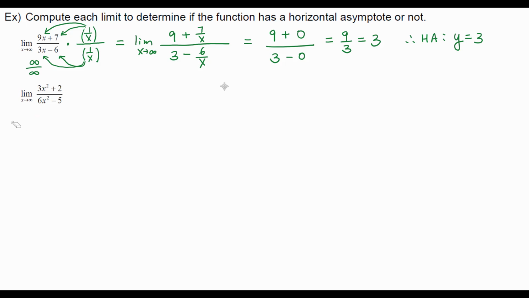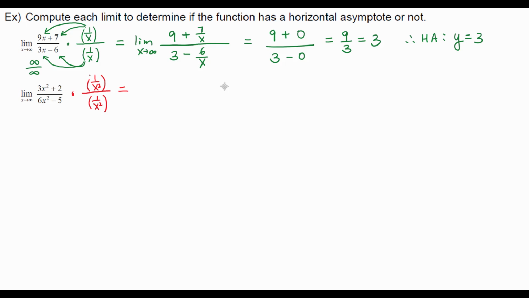So in this case, we're going to multiply by a quantity 1 that would give me a rational expression of constant over the variable. This time, since our variables are x squared, you want to multiply by 1 over x squared on the top and 1 over x squared on the bottom.